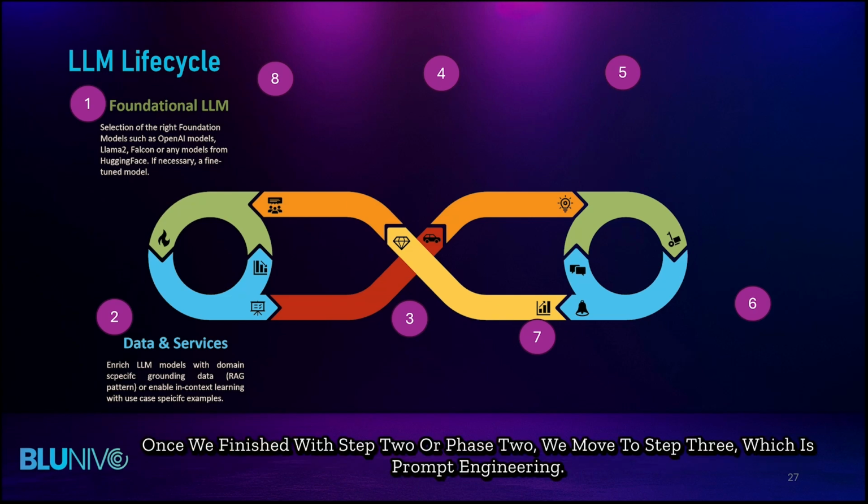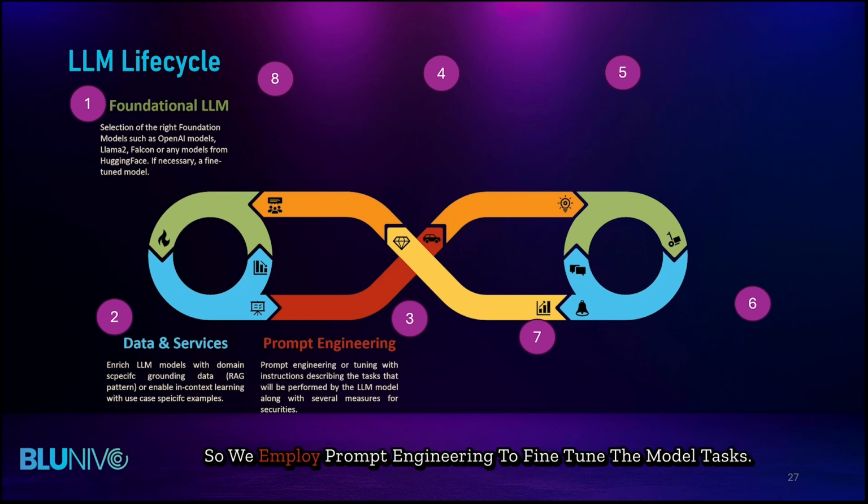Once we finished with phase 2, we move to step 3, which is prompt engineering. So we're employing prompt engineering to fine-tune the model's tasks, and sometimes we do this for addressing security concerns.